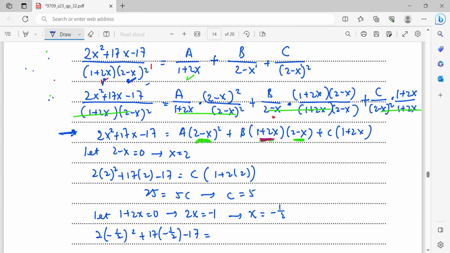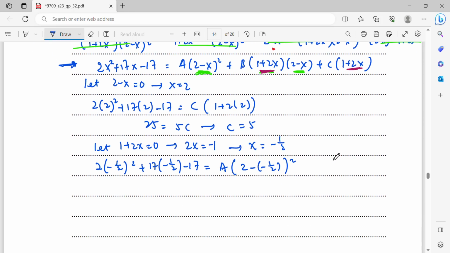Now as long as you see 1 plus 2x, it will be 0. Means that the last term also 0. Alright, so I will just get the A. It will be A brackets 2 minus negative half, then you square it. Now the left hand side, when you simplify, it will be negative 25. The right hand side will be 25 over 4 A, which means your A is negative 4.